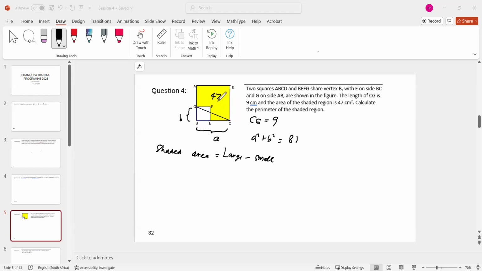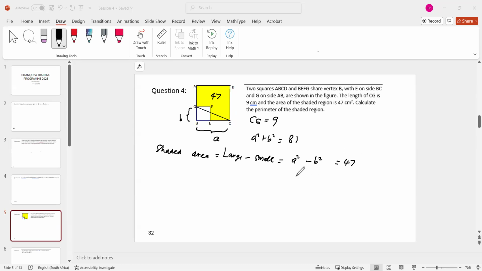You can see by the picture. The area of the full square is A squared, because the area of a square is equal to the square of the side. And the small square is B squared. And we are told that the shaded area is 47.